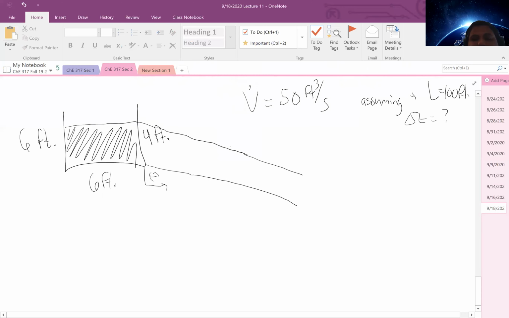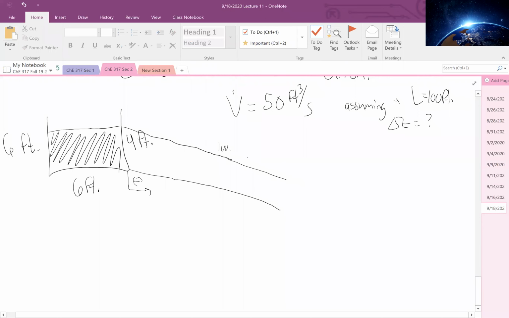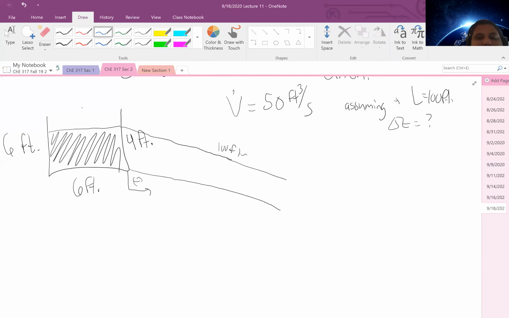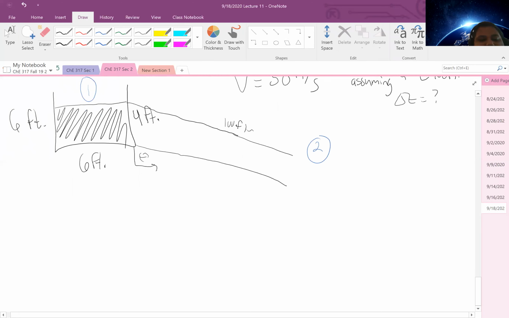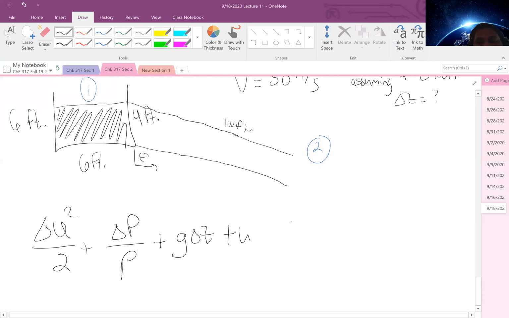So for this type of problem, what we could do is do a mechanical energy balance.